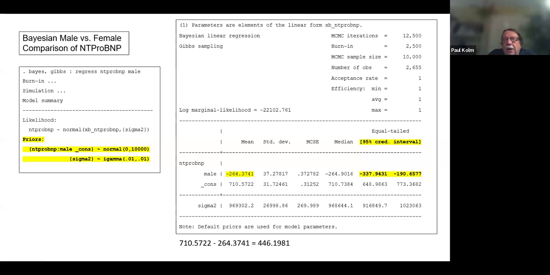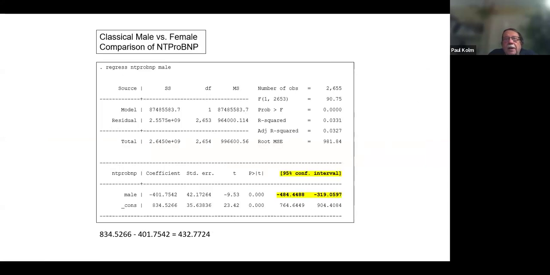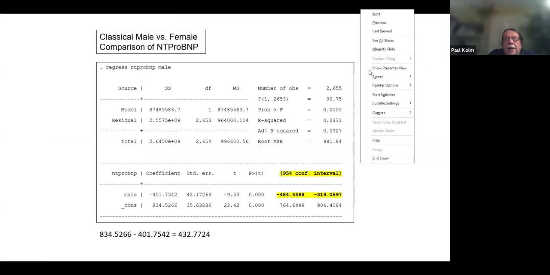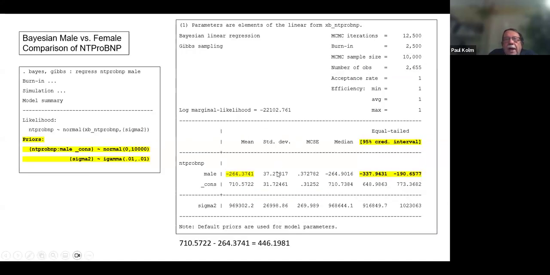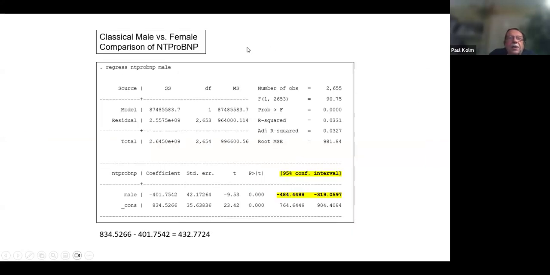Okay, and we're going to contrast that with a confidence interval from the classical perspective. Notice here that we have no p-value when we do Bayesian analysis. But when we do this from the classical standpoint, here's where we have our p-value.